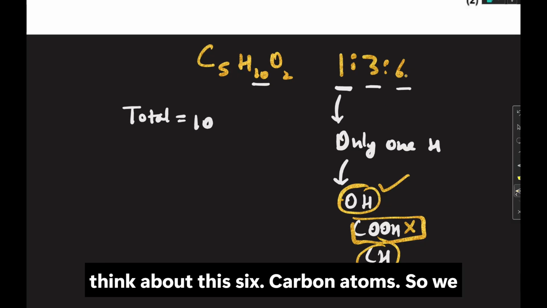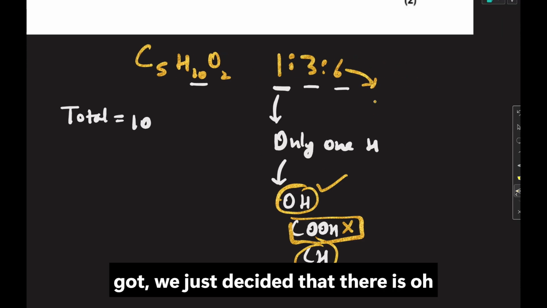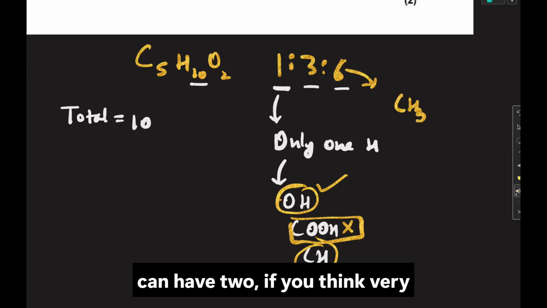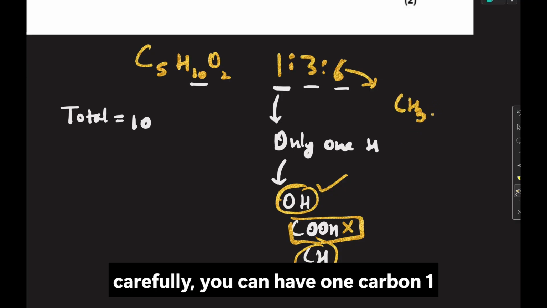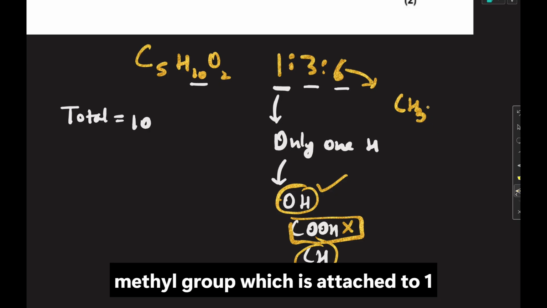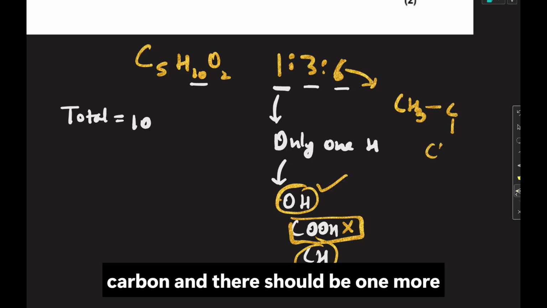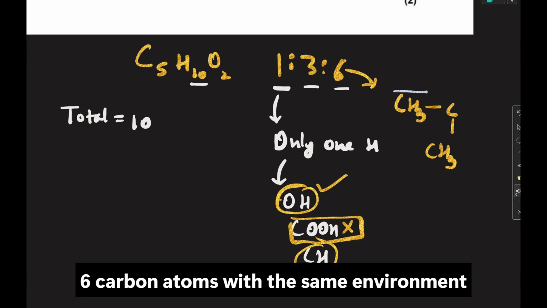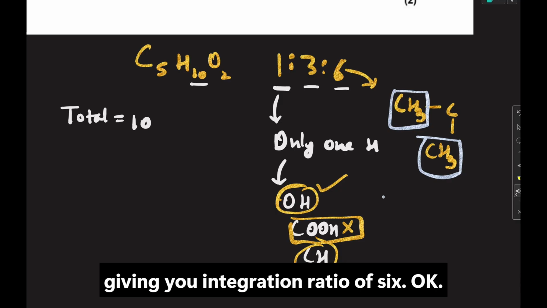Now think about these 6 hydrogen atoms. We just decided that there is definitely an OH, but for the 6, you can have one carbon with a methyl group attached, and one more methyl group, and this will give you 6 hydrogens in the same environment, giving an integration ratio of 6.